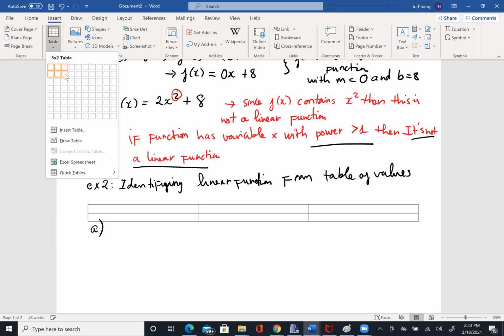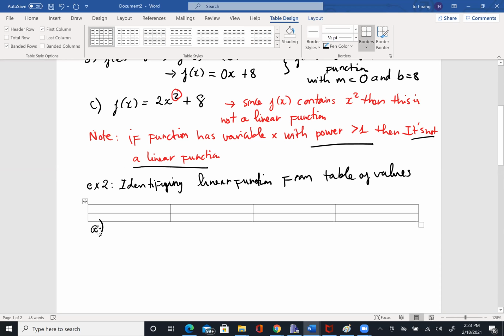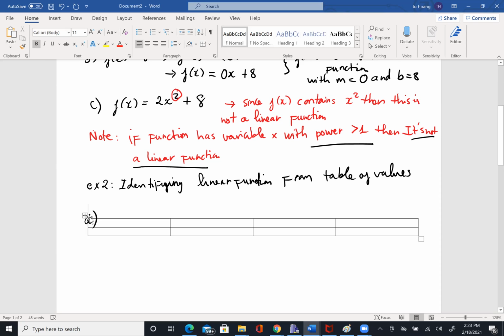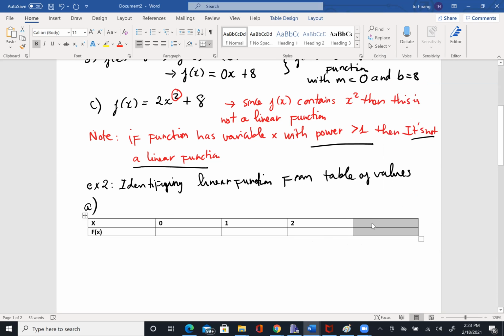Let me have this as column A. I have x and then f(x) here. And then I have 0, 1, 2, 3.